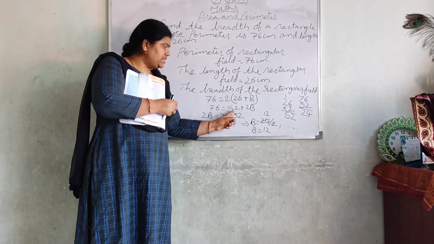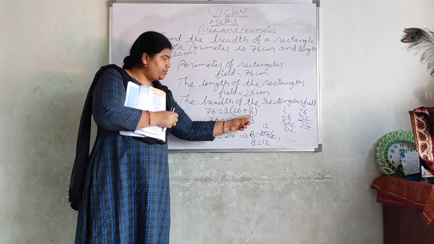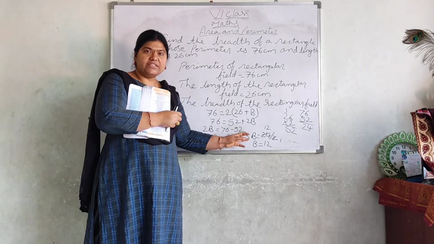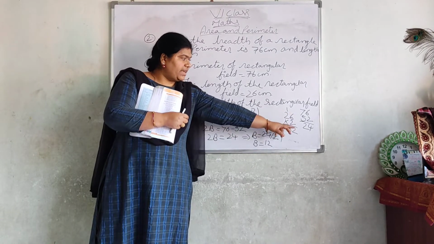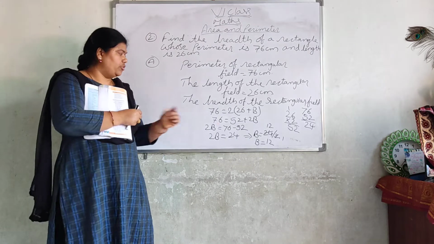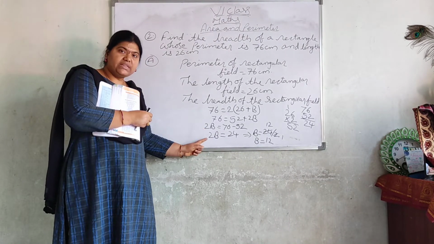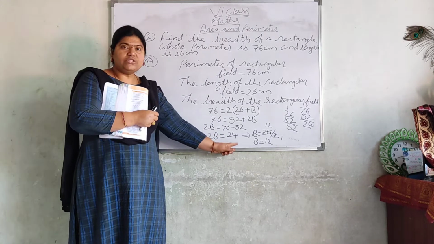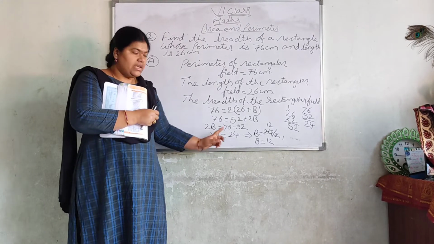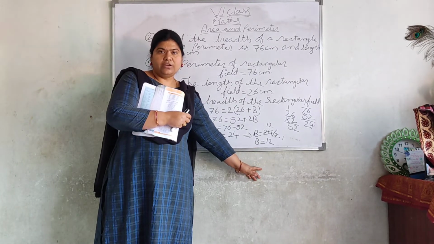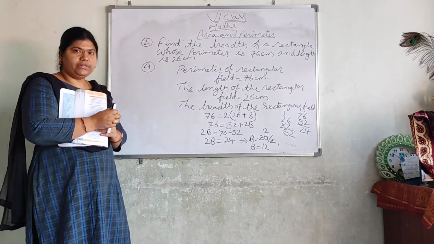So 2 into 26 we got 52. Plus 2 into B, 2B. Then 2B is equal to 76 minus 52. From 76 if you are taking 52, how much is it? 24. So write here 24. B we have to find, means here 2 is in multiplication. If it comes to this side, it will be division. So B is equal to 24 by 2. Breadth is equal to 12. Got the point here? Shall we go for the next one?